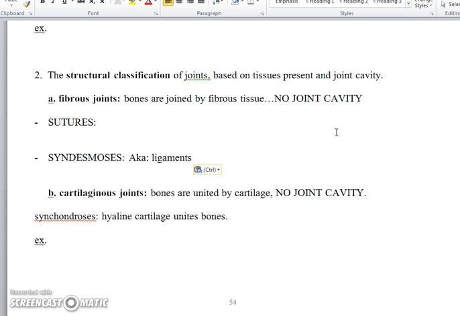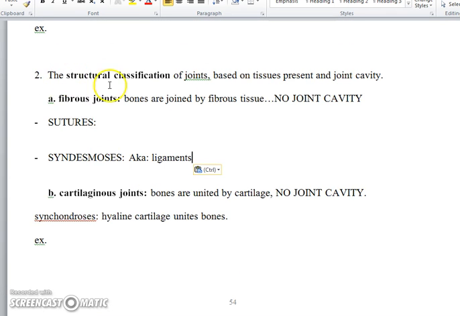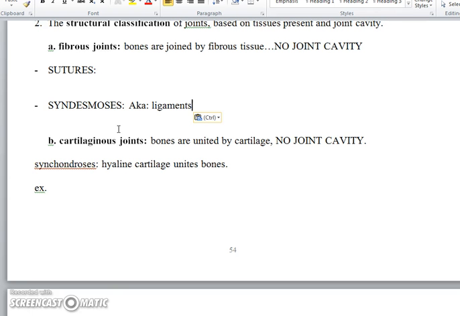There are ligaments in our knee, some kind of infamous ones, but there's all sorts of other stuff too, so that doesn't count as one of these. The knee is a synovial joint. But if the only thing you got is a ligament hooking one bone up to another, that's one of these guys.